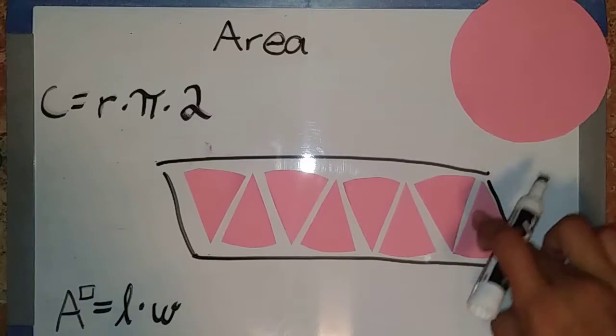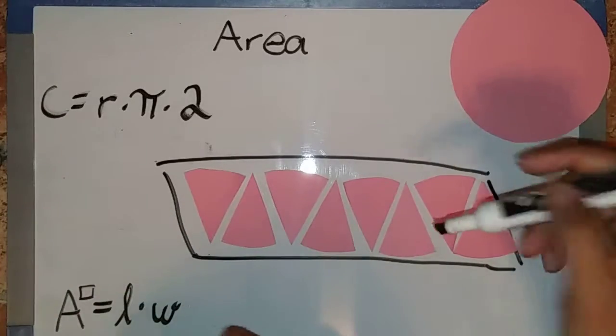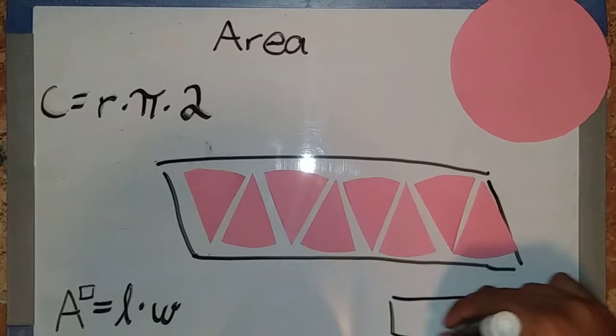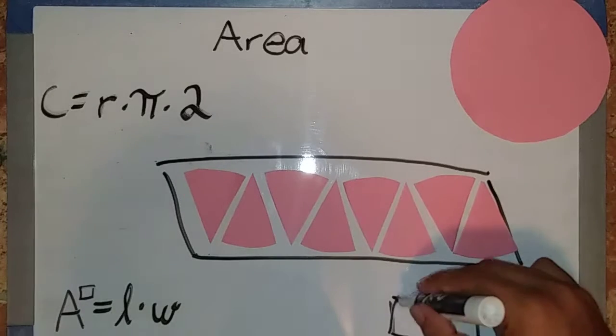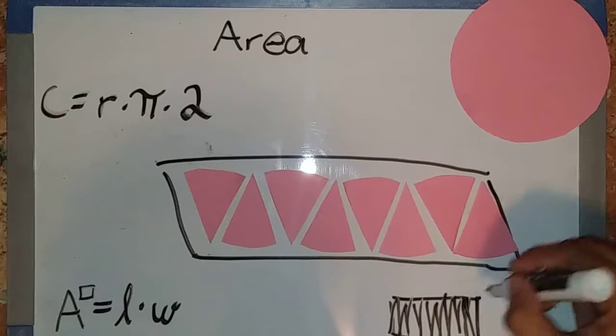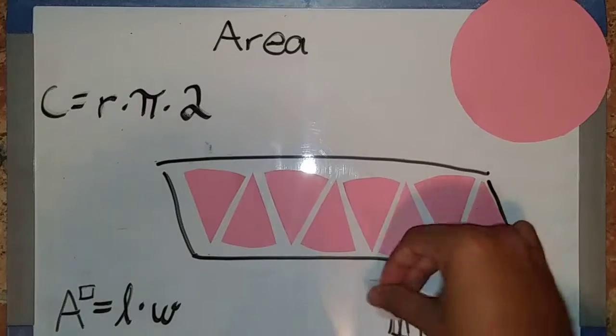This works because if you kept infinitely cutting the pieces in half, you would eventually reach a perfect rectangle with infinite number of circle pieces going inside of it. Let's just erase that.